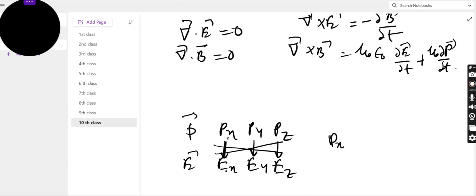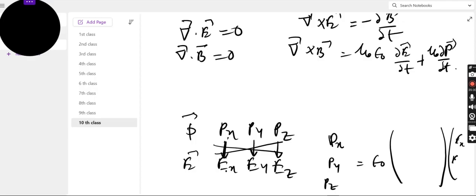So Px, Py, Pz can be written like a tensor equation. So there is chi, which is susceptibility, that for linear polarization is a 3 by 3 matrix.